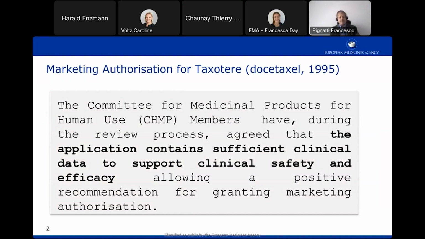I remember before joining the agency, one of the first things I did was to look at the public assessment report of the first oncology drug ever approved through the centralized procedure. And to be honest, if you look at the conclusions of that report, there was no concept of benefit risk assessment.